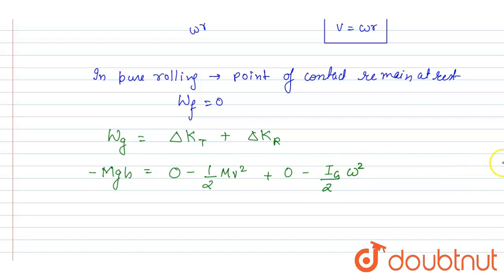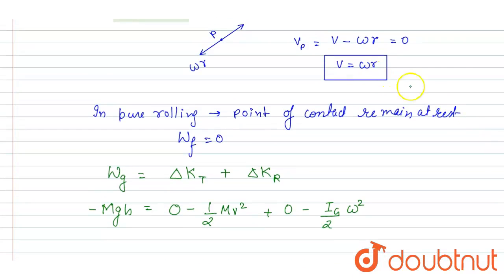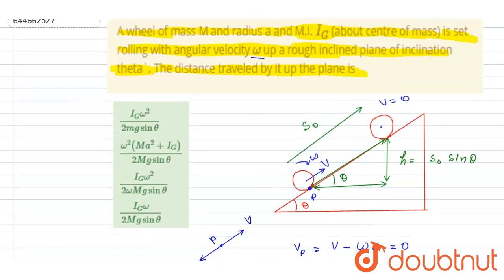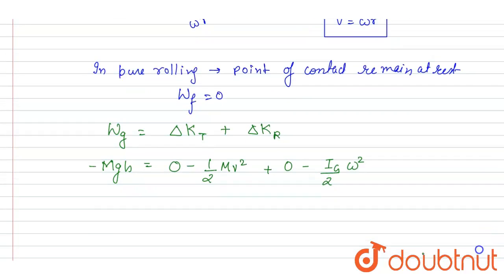So initially the omega is given in the question, and we can get this v also. v is omega times the radius, and the radius here is also given, it is a, so you can put the values now. So if you see here, h is s0 sine theta, where s0 is the distance moved along the incline, and half m omega square a square plus half Ig omega square.